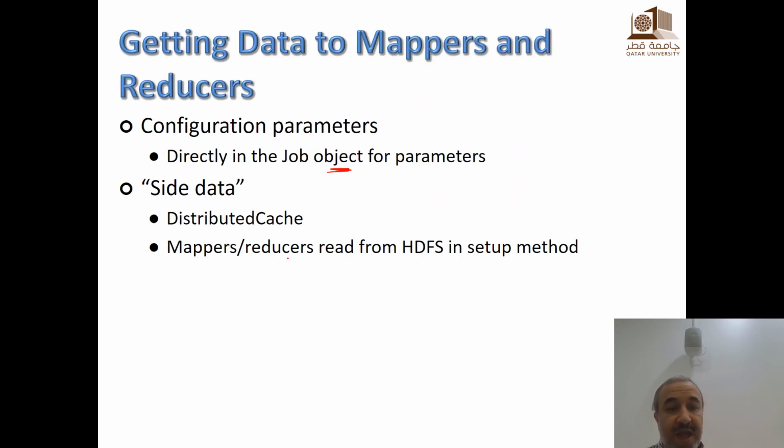The other way is to read directly from HDFS in the setup method. Remember the setup method? The setup method is called once before you start your processing. So within the setup method, you can read data from HDFS, load it in memory, and do whatever you like with it. You can also write side data in the cleanup function if you want.